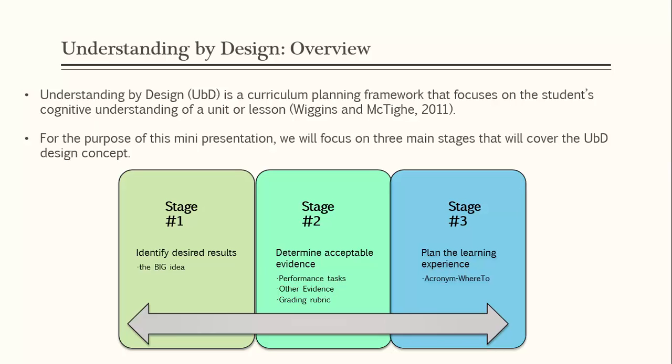Stage 1, identify desired results, the big idea. Stage 2, determine acceptable evidence via performance tasks, other evidence, and a grading rubric. Stage 3, plan the learning experience using the acronym Where To. Please note, each stage builds upon the other stage.